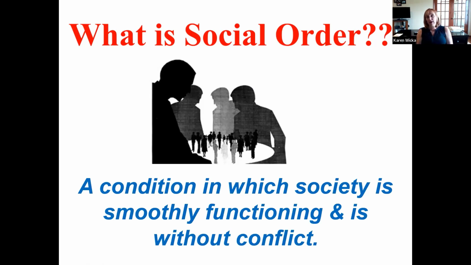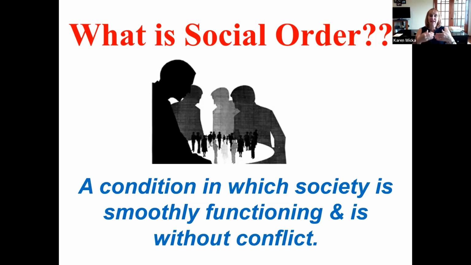So my scenario to you is, what would happen if you woke up this morning and every single person decided to disobey all of the traffic laws, right? Driving to school, nobody followed any red lights, any stop signs, any speed limits. What would happen? It would be complete chaos, right? There would be no social order. We as a society don't want to live in a world like that.